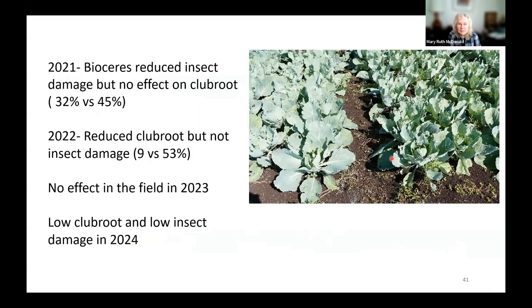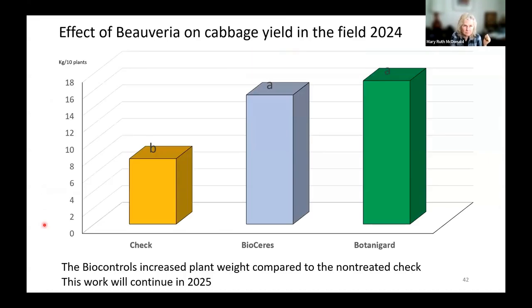In 2021, we got great reduction in insect damage, but we saw no effect on clubroot. The next year, we saw a reduction in clubroot, no difference in insect damage, no effect of either one in the field in 2023. And again, last year, unfortunately, low clubroot and low insect damage. So we didn't have a useful experiment.